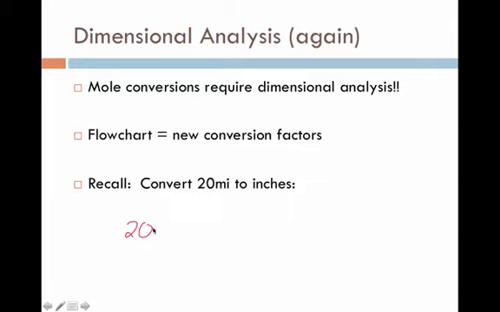We can start with the unit of 20 miles, and we put in a multiplication sign and a line. We want to get rid of this unit of miles, so that means we have to put miles down here. You have to think about what you can convert miles into, and I don't know about you, but I can convert miles into feet. There are 5,280 feet for every 1 mile, and the way I've lined things up is going to cause miles to cancel out, and now I'll have an answer in feet.